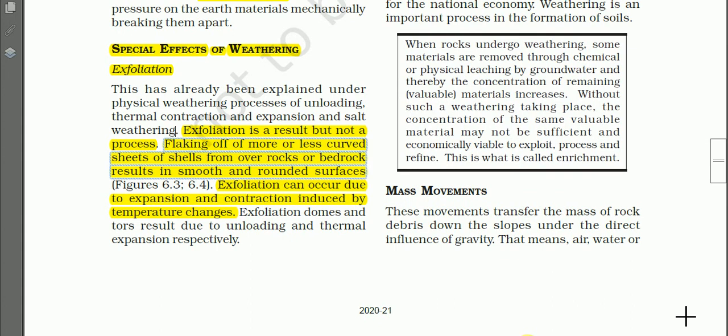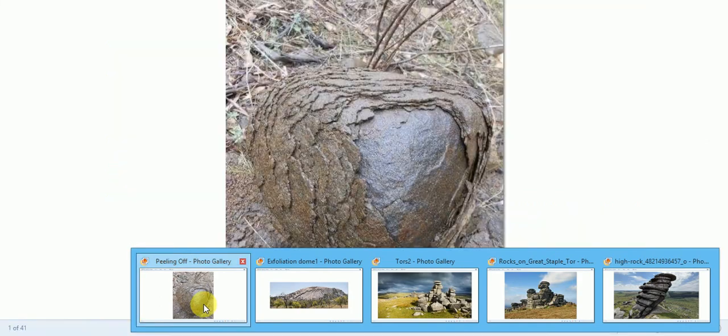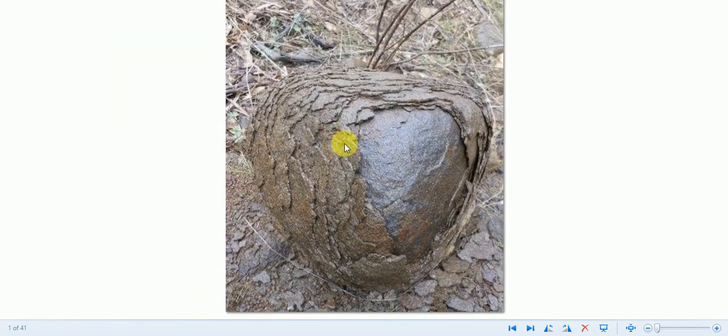So I will show you one photograph. See here, I think you may be seeing these sheets of the rock peeling off, and this process is known as exfoliation.